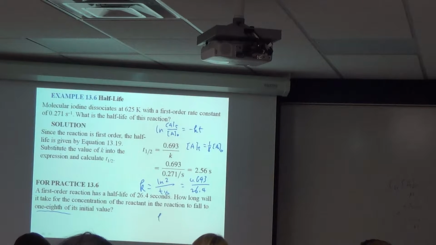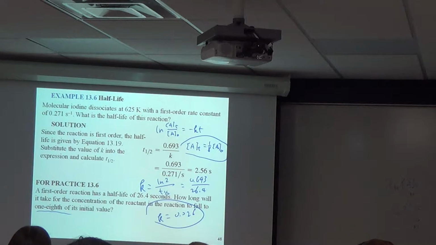Therefore k equals 0.026. Is that right? Okay, so this is k. Now let's plug this number and also this number back into the equation on top, and then with everything we know, you can solve for t.